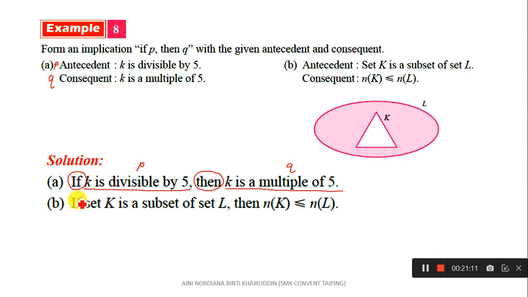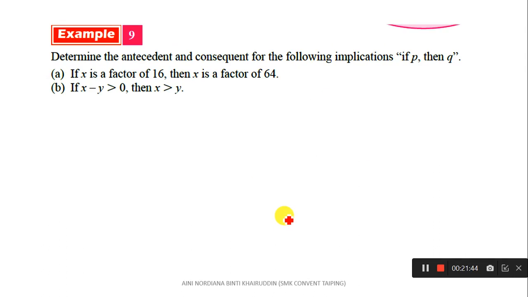For B, if, then. So this is the antecedent and consequent. Very easy. Just add the word if, comma, then: P followed by Q, antecedent, consequent.